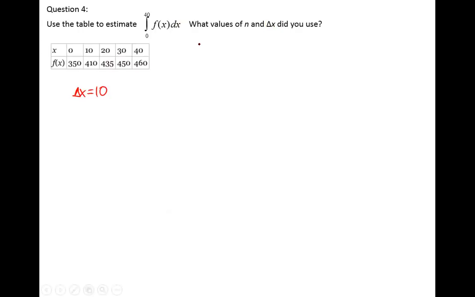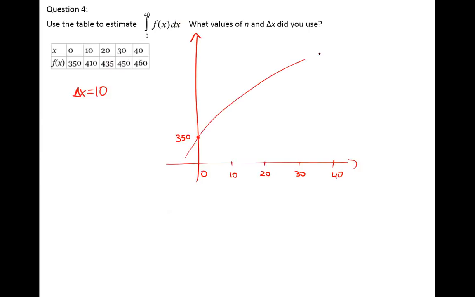And again, we don't have to, but for 0, the function is definitely increasing. That means I should start maybe here. For 0, we do have that value. Let me do it nicely for 10, 20, 30, and 40. It's not a straight line, but let's do this.